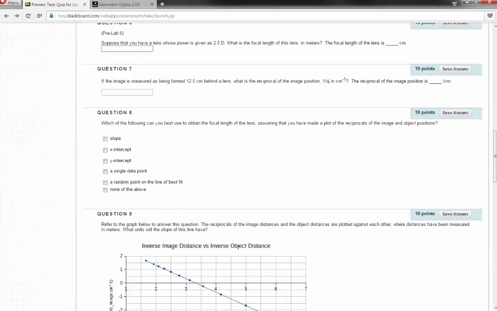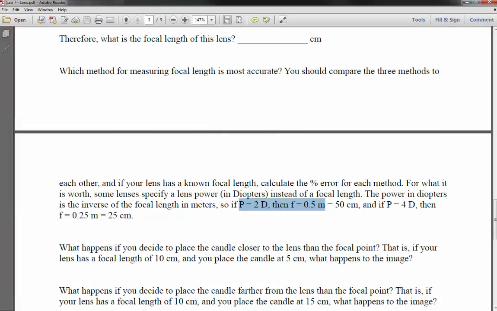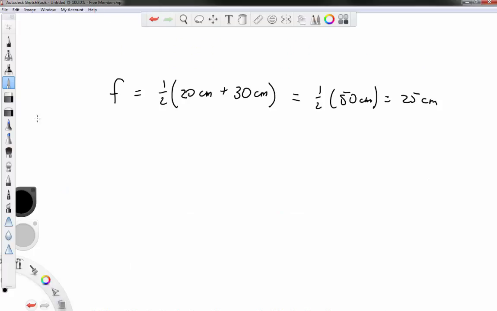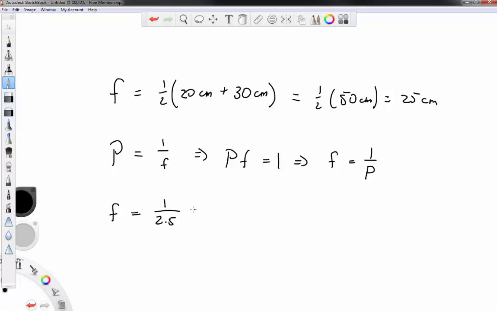So coming back up here, the power is given as 2.5 diopters. Opening up our little workspace, power is equal to 1 over focal length. So power times focal length is 1, and that means the focal length is 1 over the power. In this case, the focal length is 1 over 2.5 diopters, and a diopter is the same as an inverse meter.